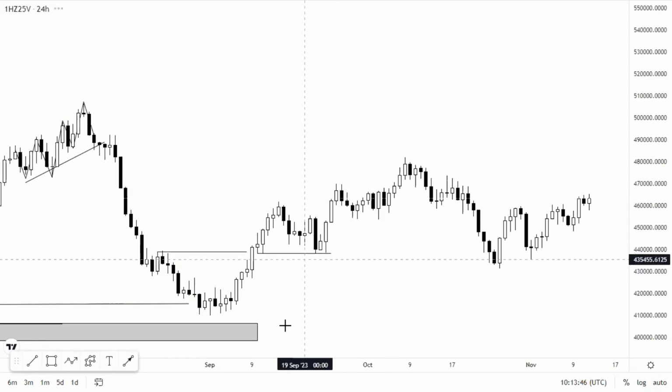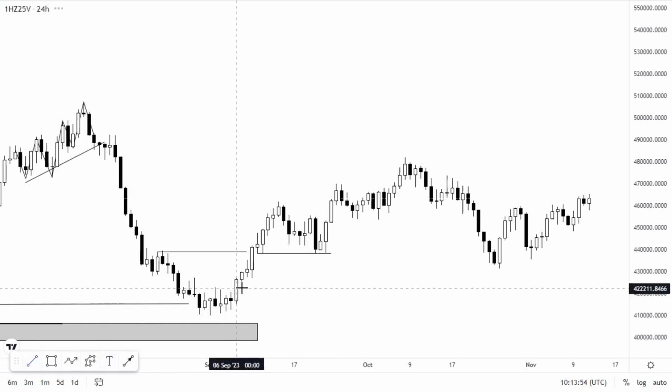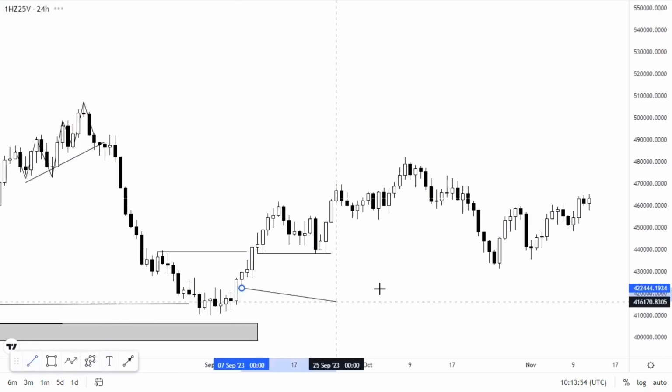So where would I be marking out for my POI? I would be marking this area out as my POI. We had fair value gap here.